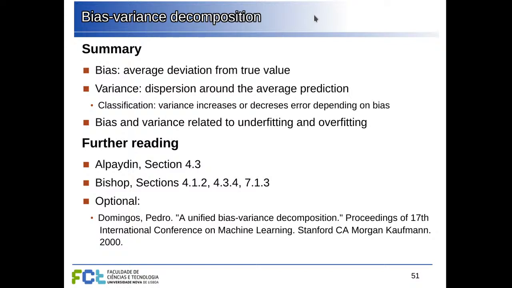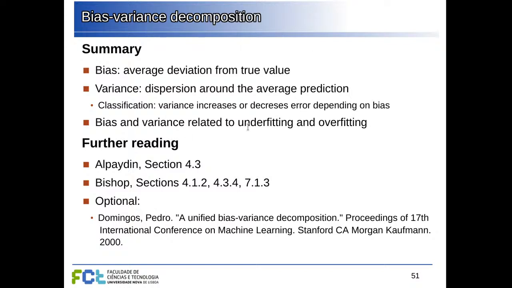On the other hand, if the majority is classifying the point correctly, then having a larger minority classifying it wrong will increase the average error. And bias and variance are related to underfitting and overfitting, because in underfitting bias tends to dominate, in overfitting variance tends to dominate.